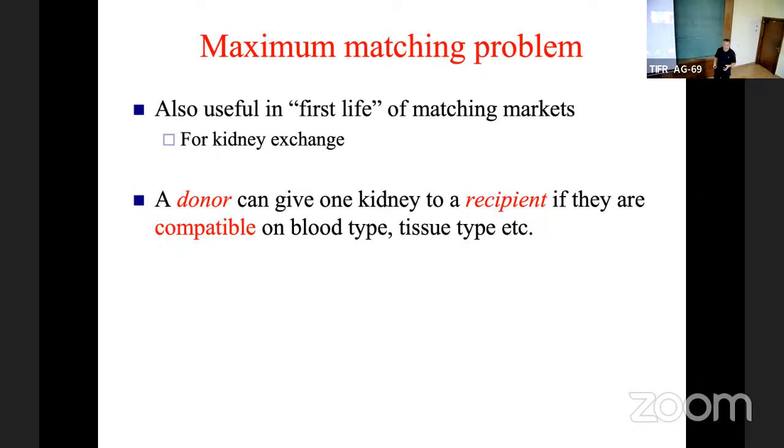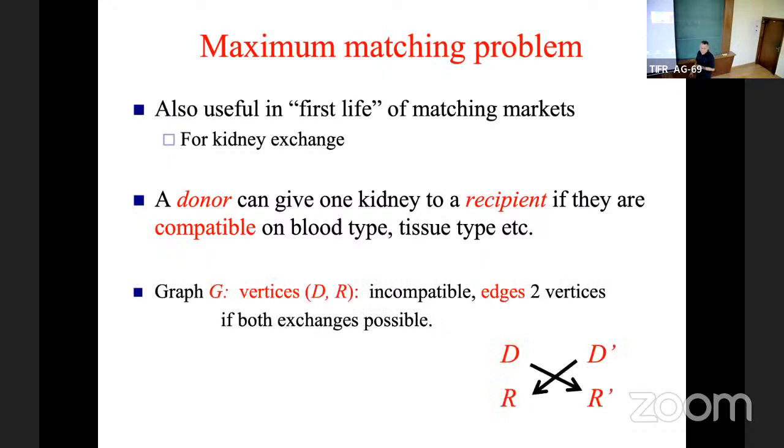But this donor and the recipient, their kidneys may not match. There are many parameters to be matched. So if it doesn't match, say this donor and this recipient, their kidneys don't match, then they have to find another pair of donor and recipient who also don't match, but this donor can give to this recipient and this donor can give to this recipient.